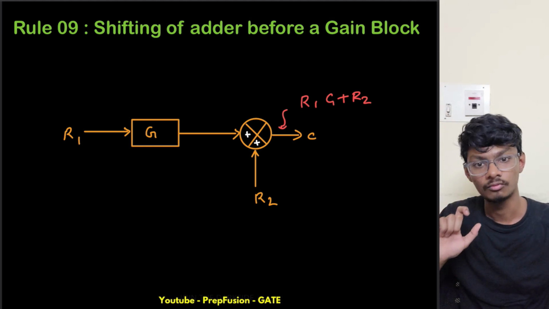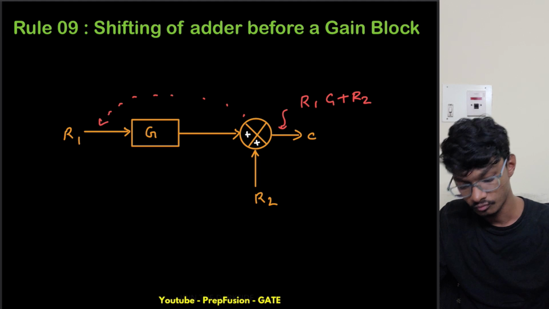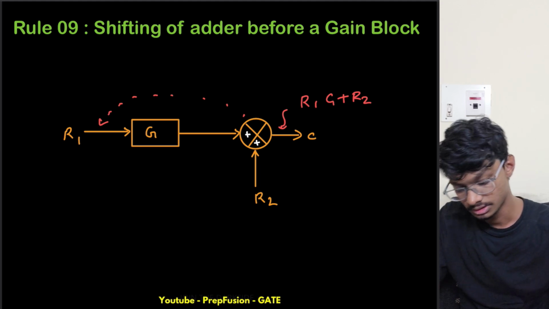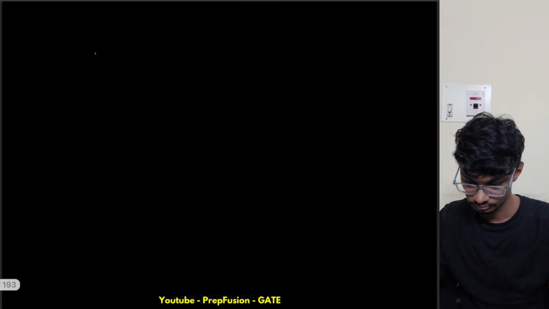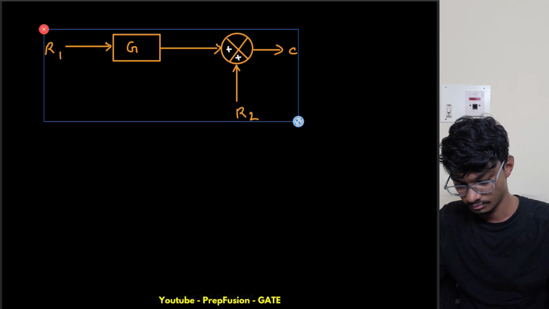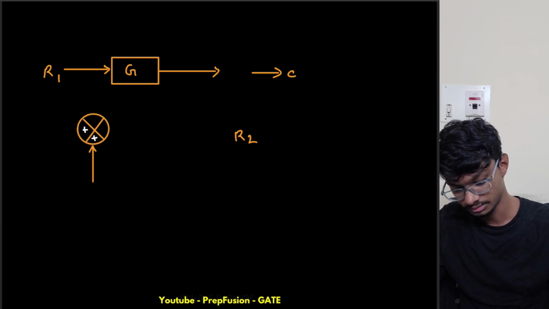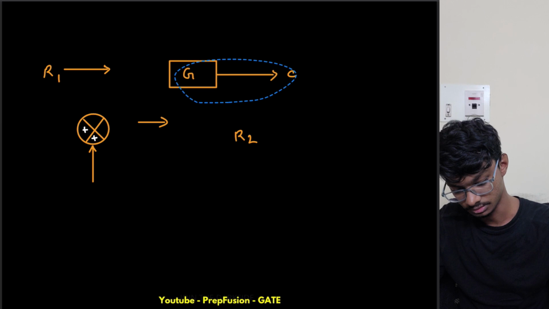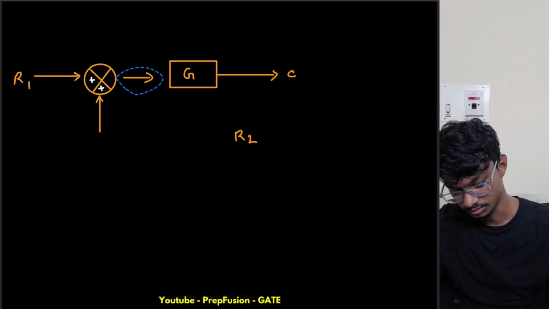So now, if I want to shift this adder here, what will be the output of this adder? Let me draw this. You also think by yourself what components we need to add. So let me copy this. I will put this here, this one will come here, and this one will come here only, right?